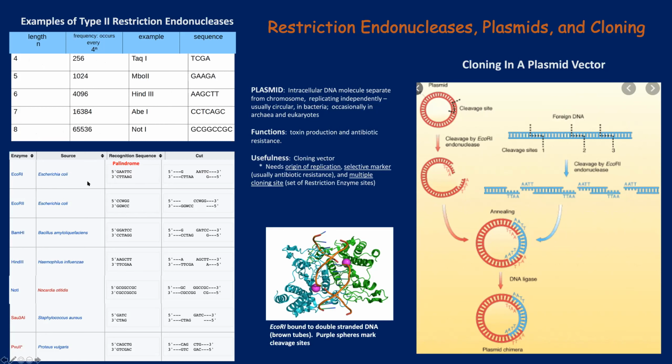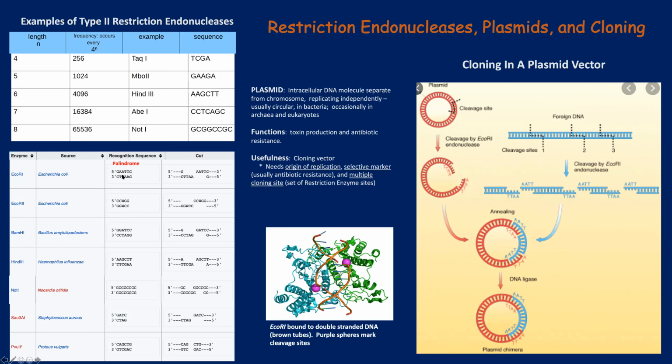Below that is a list of some examples of restriction enzymes, where they come from, and what their recognition sequence is. EcoR1 comes from Escherichia coli.